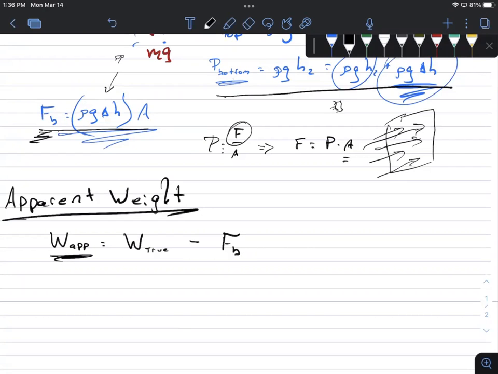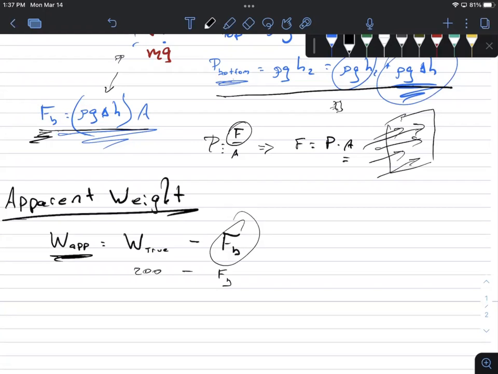If I know what the buoyant force is that's acting on me, which we'll figure out how to see in a second when we get to Archimedes' principle, all I have to do is, if I know my true weight is 200 pounds, subtract whatever this buoyant force happens to be.